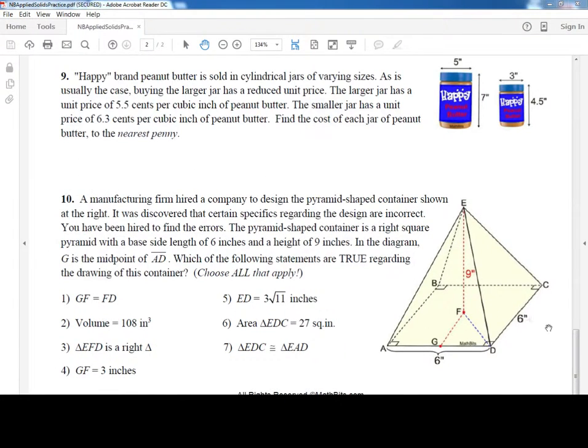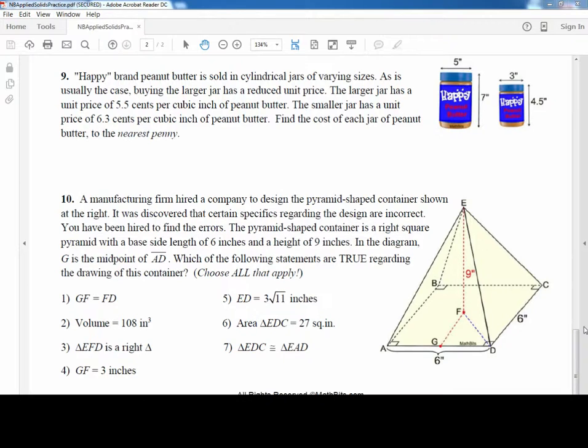Peanut butter jelly, peanut butter jelly. So, a manufacturing firm hired a company to design a pyramid-shaped container shown at the right. It was discovered that certain specifics regarding the design are incorrect. Oh, you would have been fired.